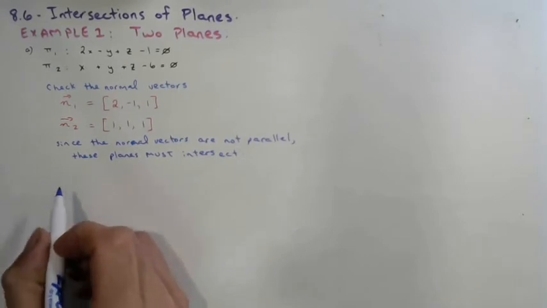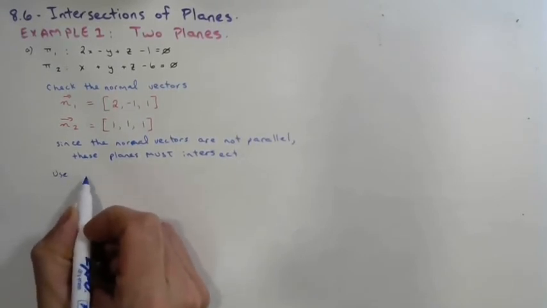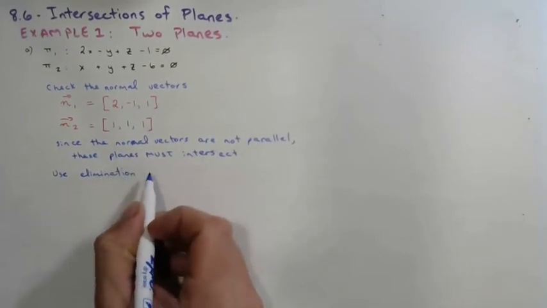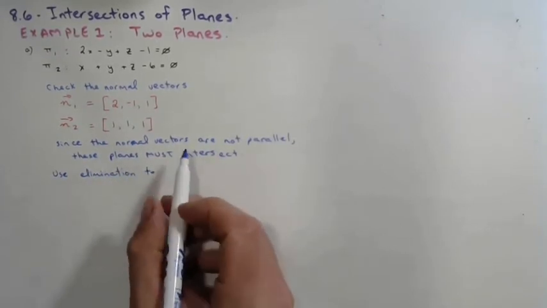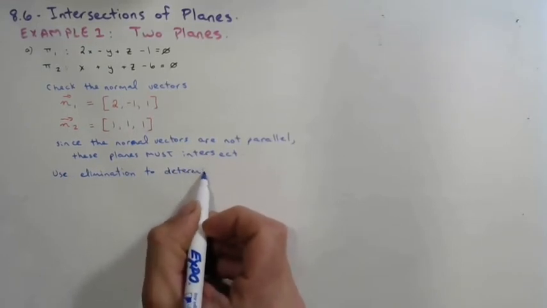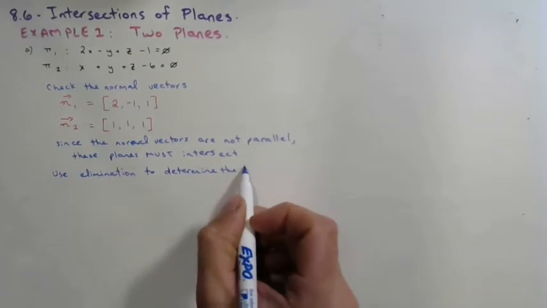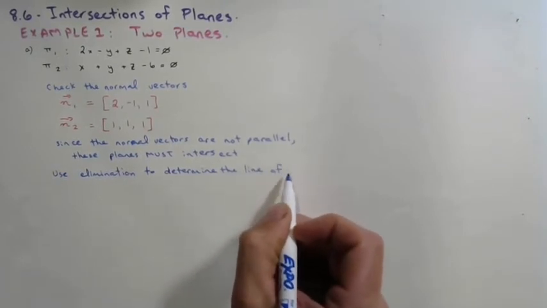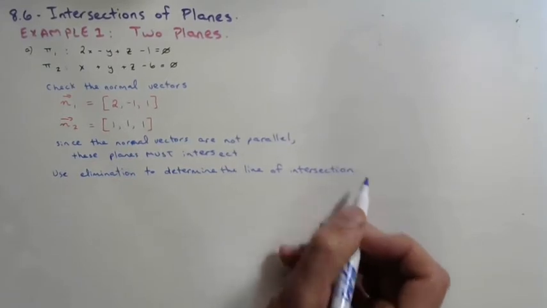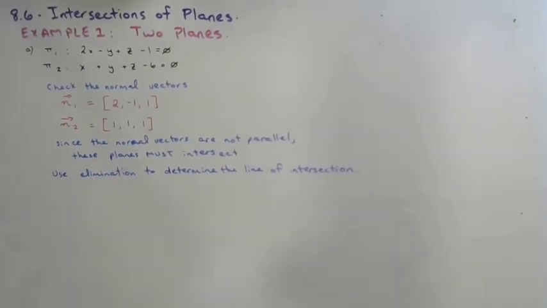So let's look at this. We'll make a note: use elimination to determine the line of intersection. And so I'm going to take our equations of the planes.